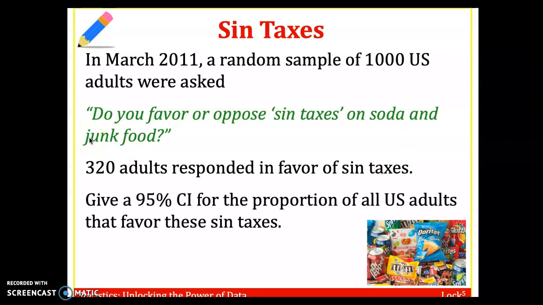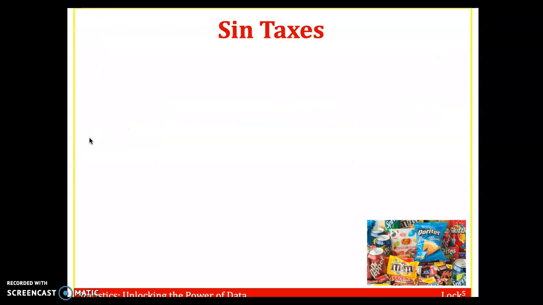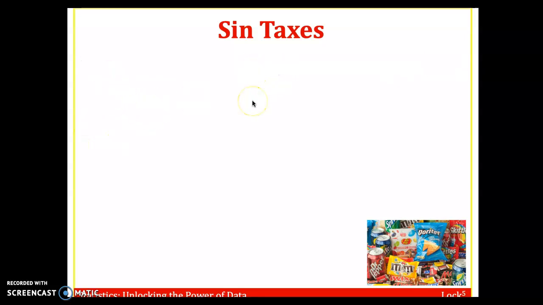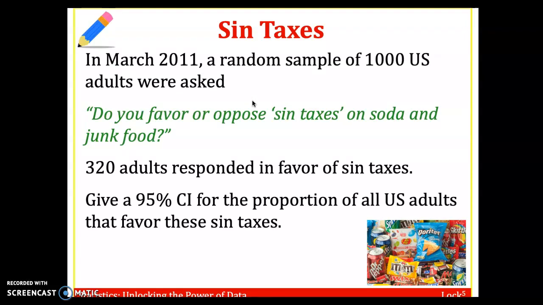Let's construct a 95% confidence interval for the proportion of all US adults that favor these sin taxes. I first want to note the counts are greater than 10 in each category. Check. What does that mean? Let's go back again: we need the 10 successes and 10 failures. 320 adults responded in favor of the sin tax.